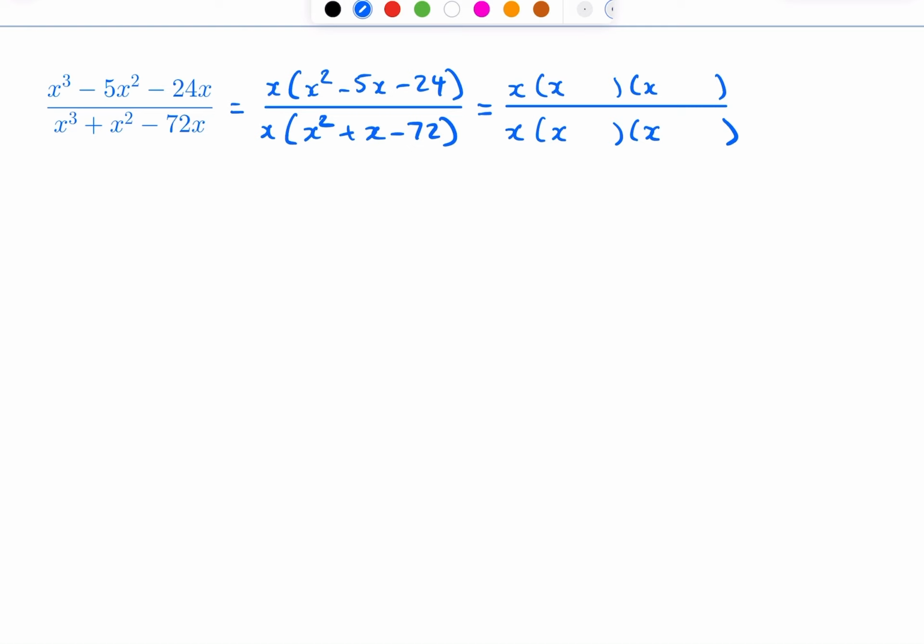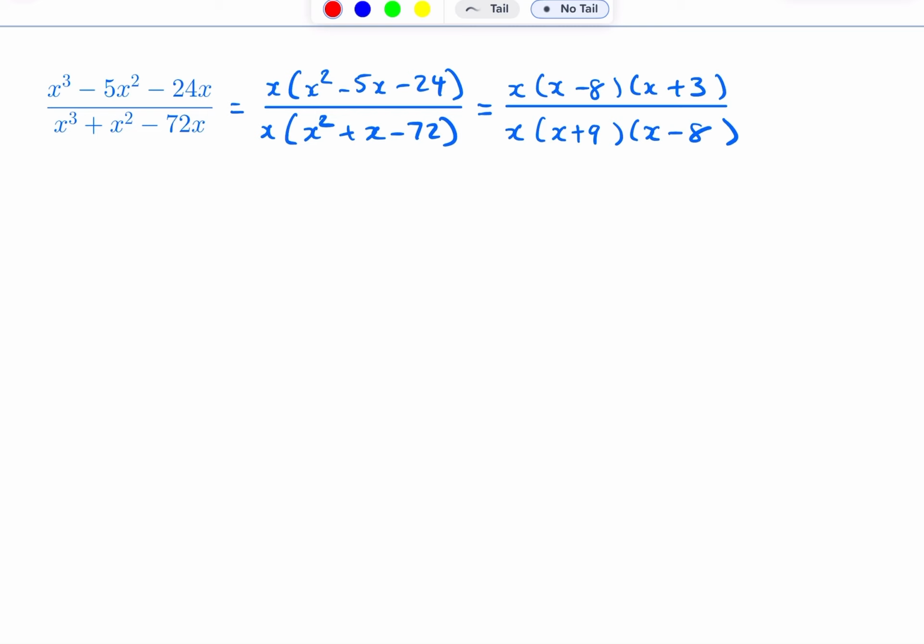Okay, and what we find is that -8 and +3 are factors of -24, and when you add -8 and 3 together, we get the coefficient of the middle term. And then down in the denominator, we find that the factors of -72 would be +9 and -8. 9 times -8 is my -72. When you add those numbers together, 9 and -8, we get a +1.